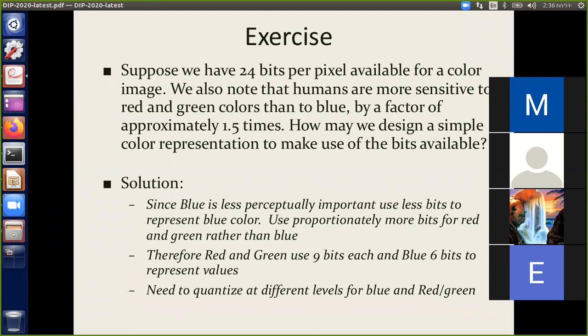Sometimes you can also adjust. Even if we have 24 bits for a color image, for every red, blue, and green color there is a chance to give an equal share, 8 bits. But giving equal shares means all colors are equally applicable.